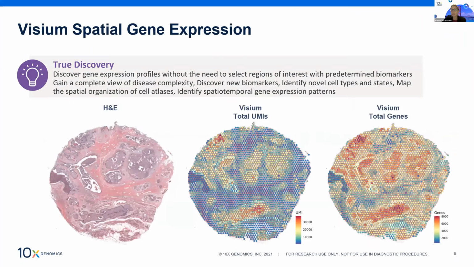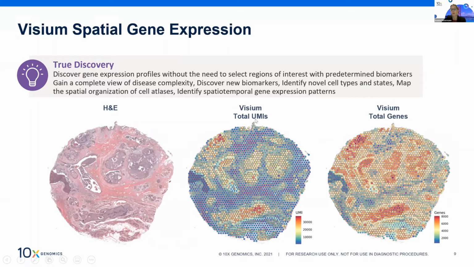So this is really a technology for true discovery. If you have no understanding of your specific sample type or disease type, you take the entire section and you can discover the gene expression profile across that entire section without having to pre-select any areas of interest. So you cover and analyze the entire section, which is visualized here with all these different barcoded spots overlaid.